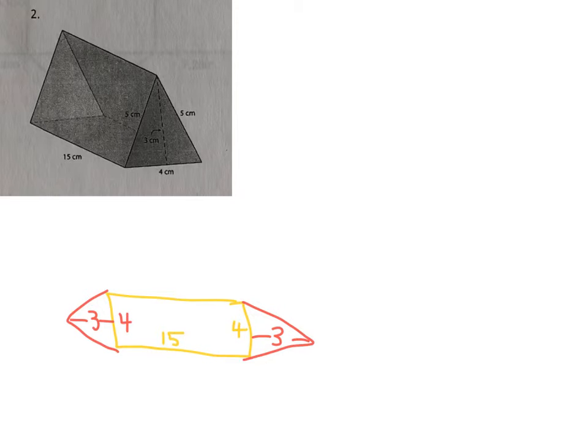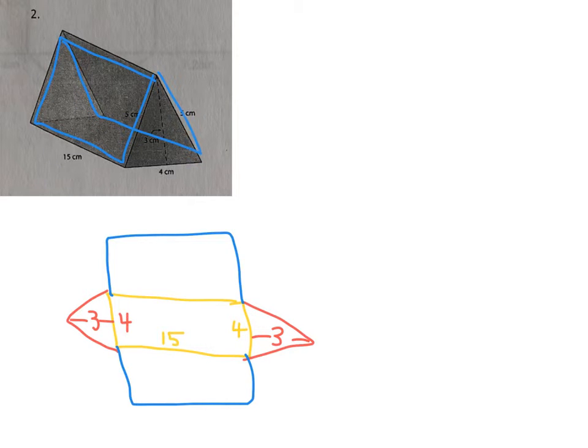And now we have those two sides to worry about. So there's a side here, which is a rectangle. And we have a side in the back there that we can't see. Way back there. And the dimensions for these are going to be 15 as my base. And then I have 5 centimeters, so 15 by 5, 15 by 5.